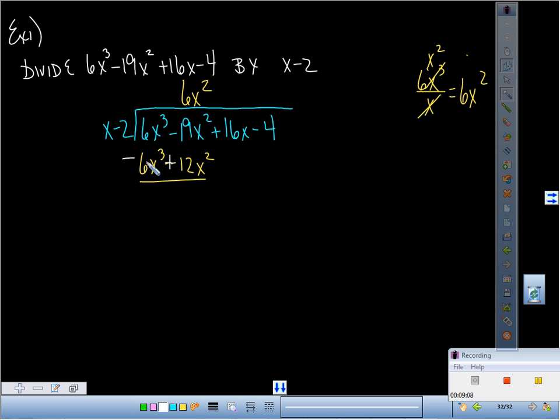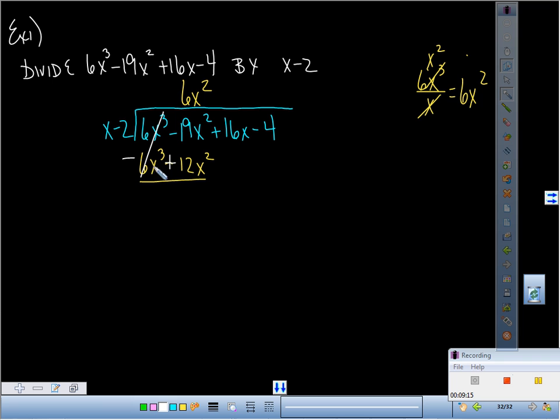Now what happens to these first two terms? They cancel out. Now let's think about that. I said, what do you multiply this by to get this? I got it, and then I changed its sign. Will it always cancel out? Yeah, it will. If it doesn't cancel out, what did you do?